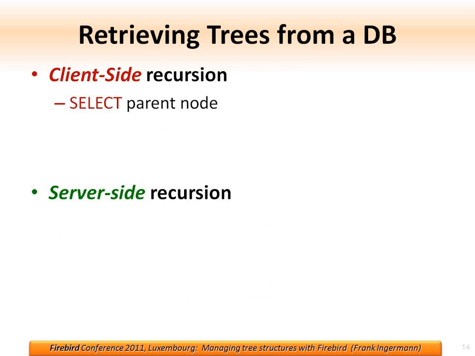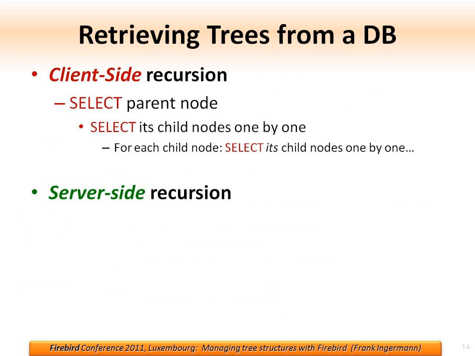We basically need to start with selecting the parent nodes or the root nodes. And from that node, we select the child nodes. And for each child node, you select the next level down, one select per node. And you can see that's one select per node to get the tree data.